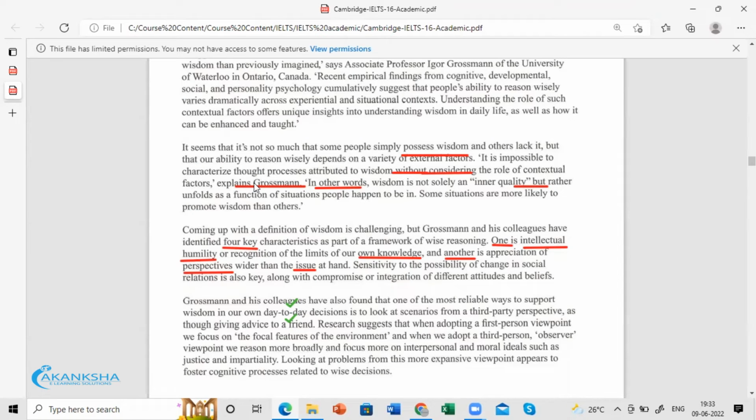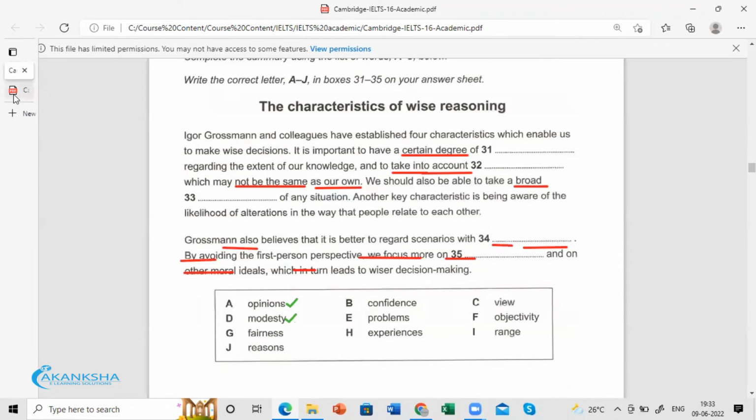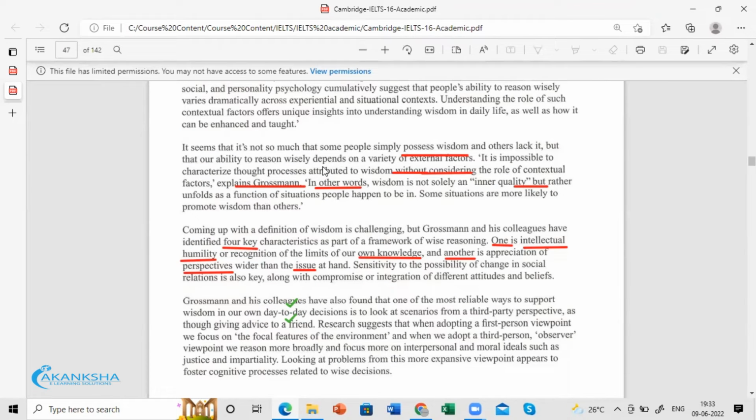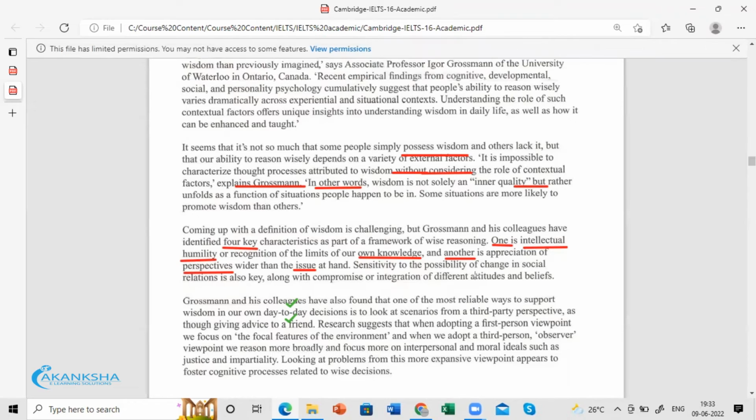So any synonym for broad here in the paragraph. We need to look down further also, in the next paragraph as well, to see if we get any perfect scenario. Do we see the word broad anywhere?